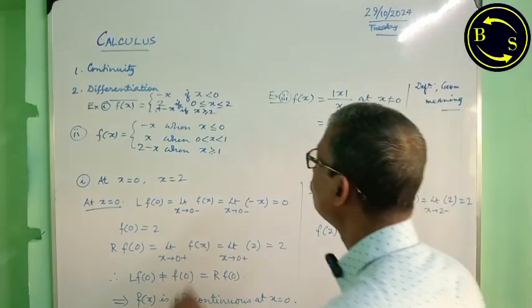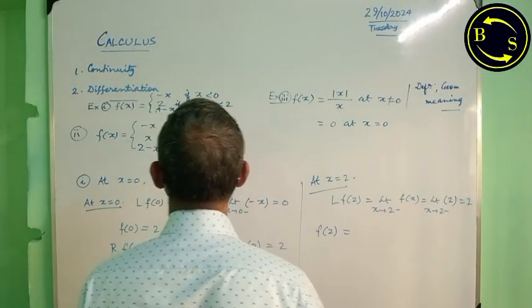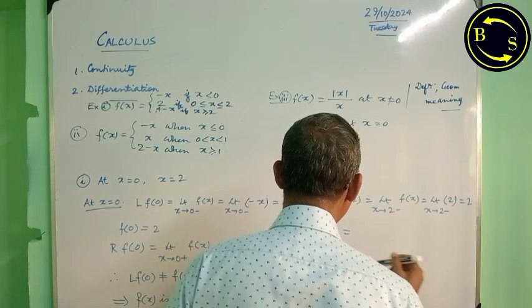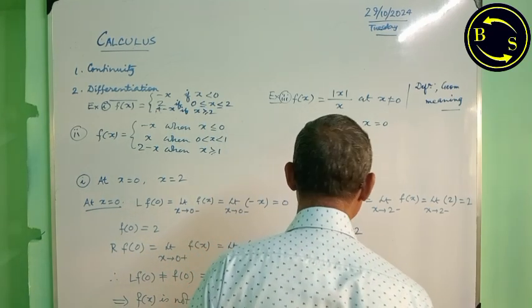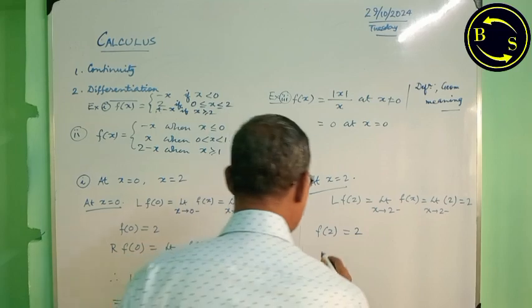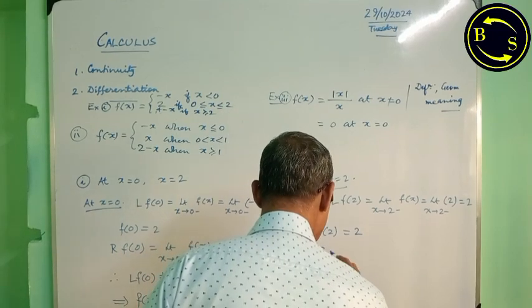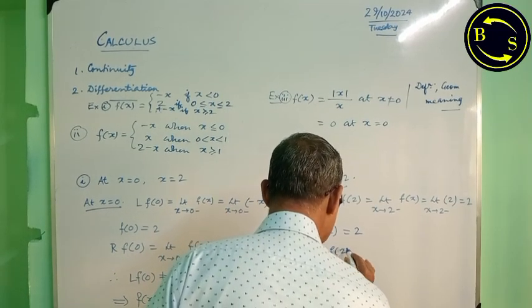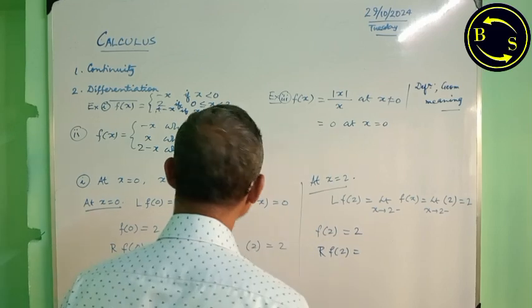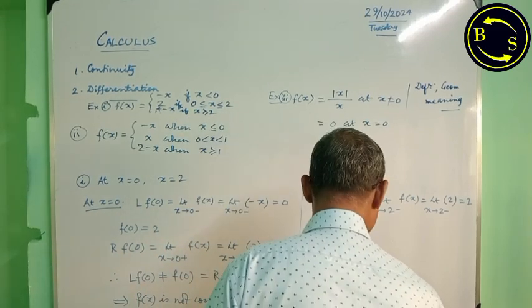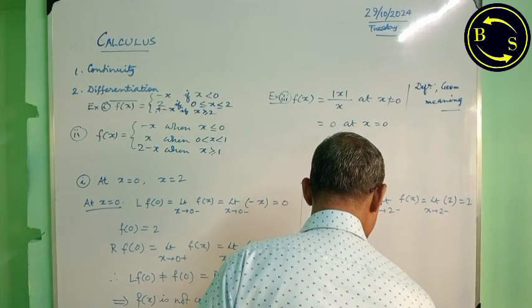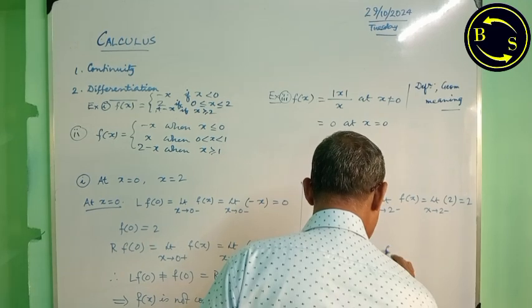Then f(2) is also 2. And RF(2) is limit x tends to 2 plus f(x).